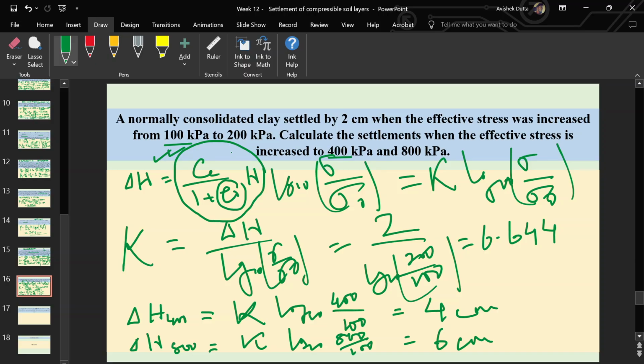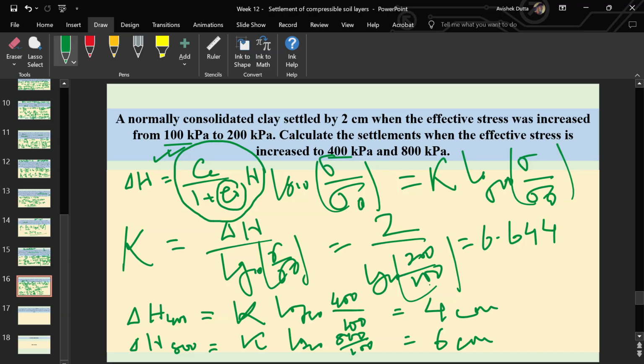And Cc is delta E divided by log to the base 10 sigma 2 by sigma 1. So whatever we are changing the range of the void ratio, Cc might also change. For a particular stage it will be the same, because the range of stress increment and the range of void ratio show the trend. But if E0 is changing, then we cannot take 400 as the base. We have to take 100 kilopascal to be the base, because for E0 we are taking sigma 0, right?